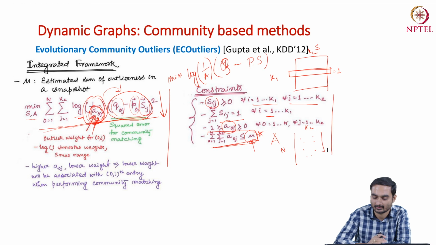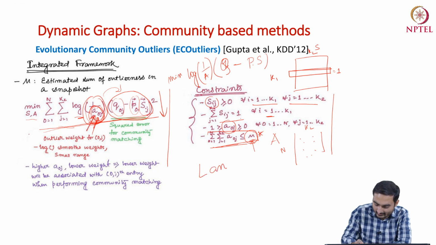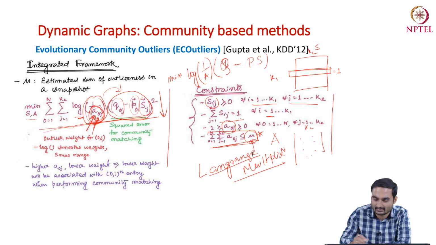And how do we solve this problem? We see that there are equality and inequality constraints. How do you solve this? We basically solve this using the Lagrange multiplier. Those who do not know what a Lagrange multiplier is, please go back and check.